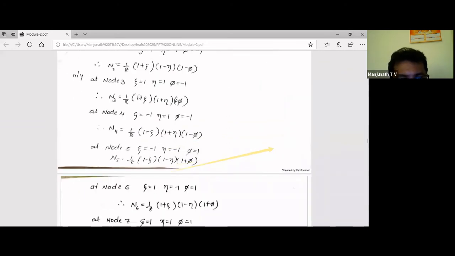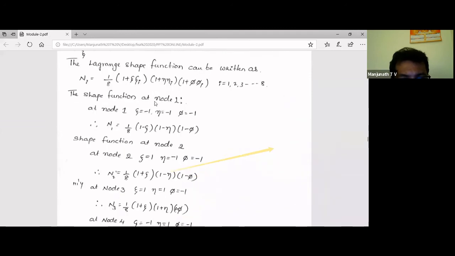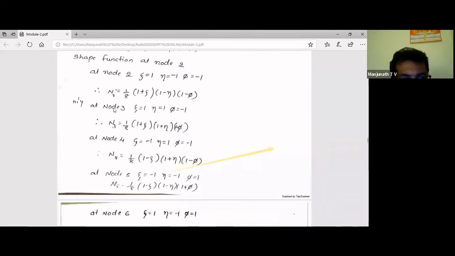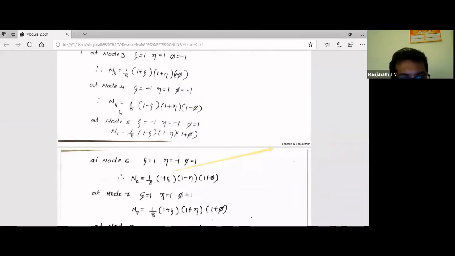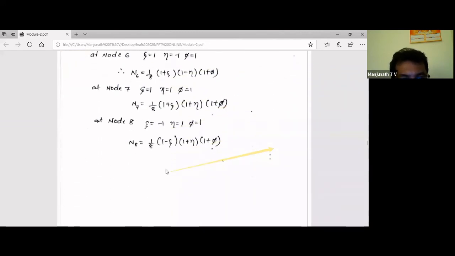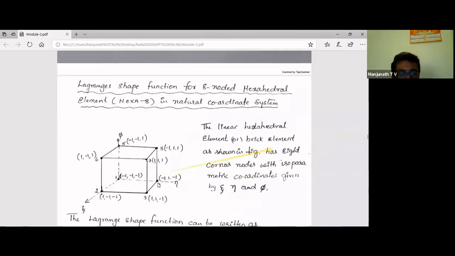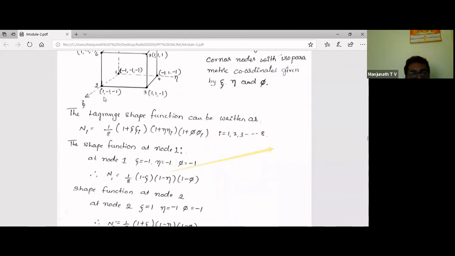Substituting these values, we get N3. As you substitute the zeta, neta, and psi values at each node, you can obtain the shape functions N4, N5, N6, N7, N8. So by using this standard equation and the natural coordinate values, you can obtain the shape functions at all 8 corner nodes.